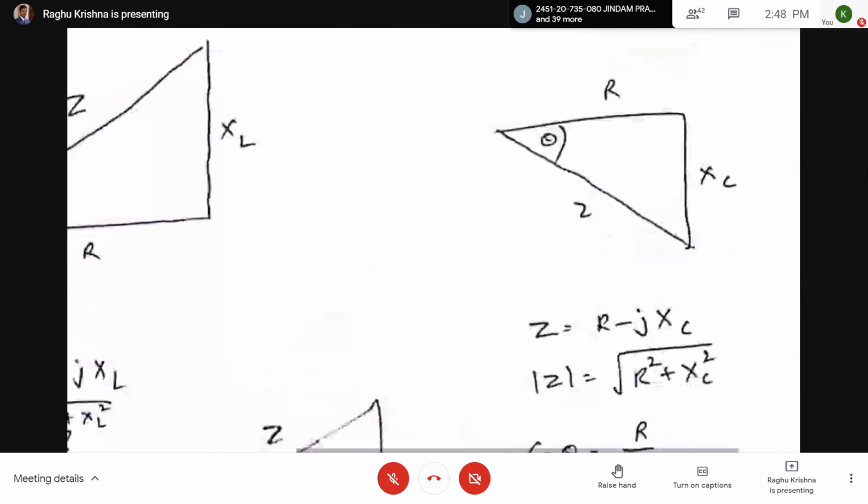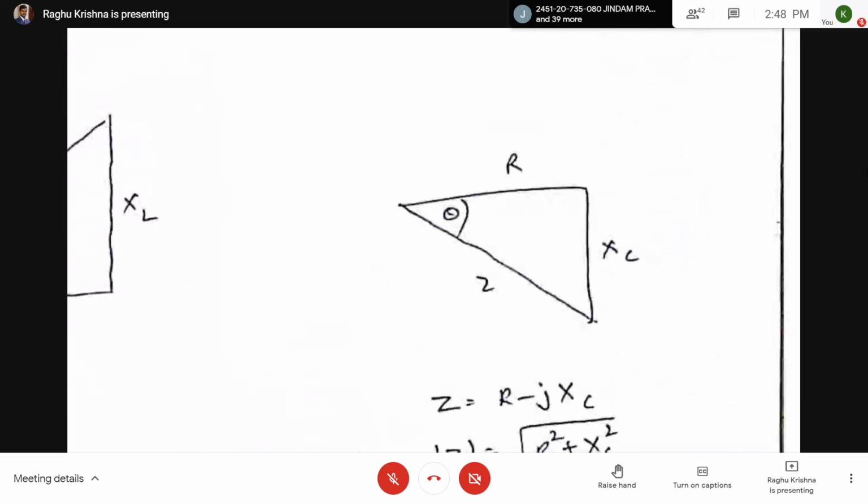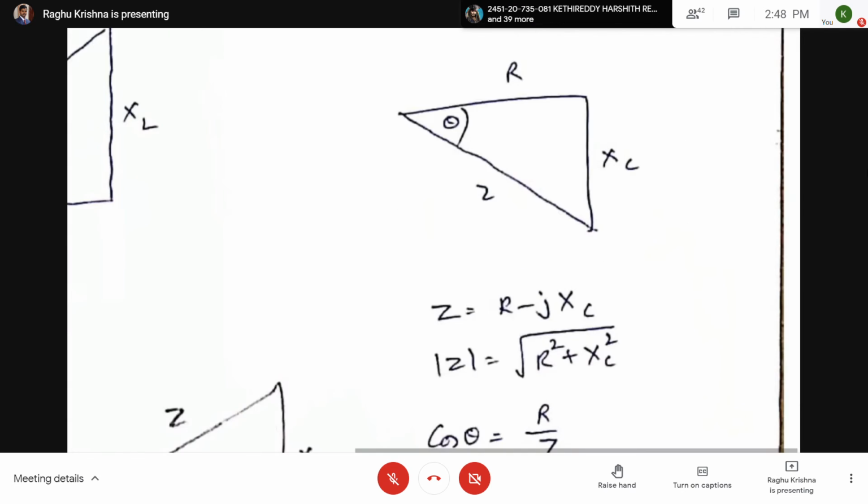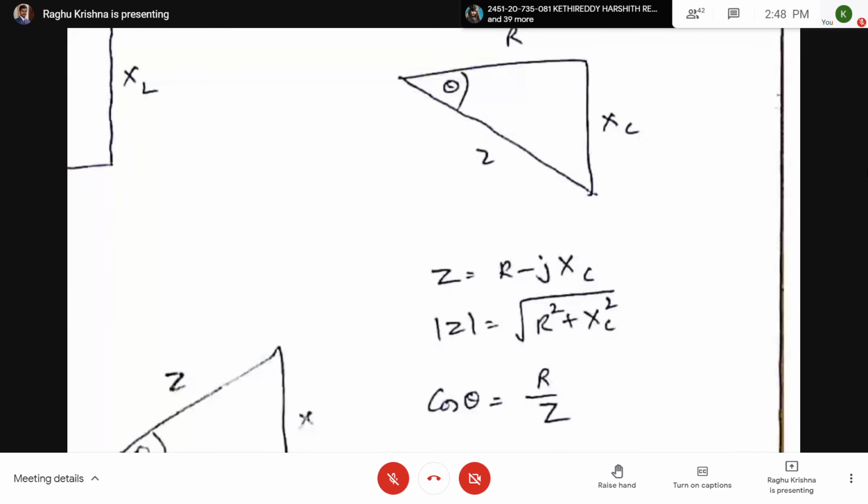Similarly, if you take an RC circuit, here theta will be negative. So Z equals R minus JXC. Minus JXC is the impedance offered by the capacitor. So total impedance equals R minus JXC. The magnitude is equal to under root of R square plus XC square.